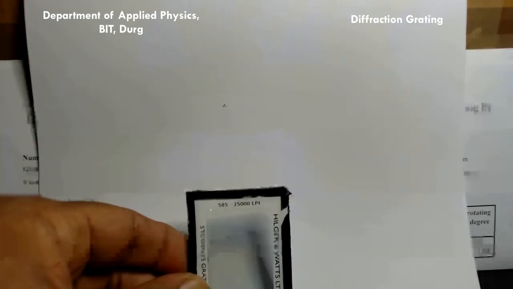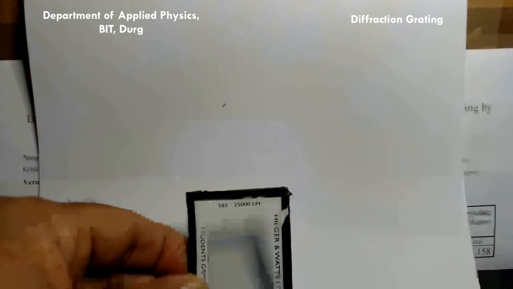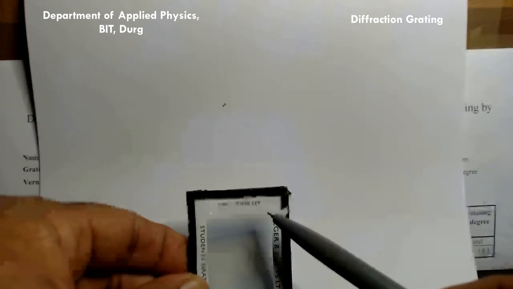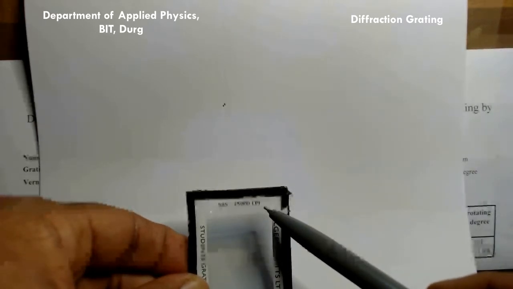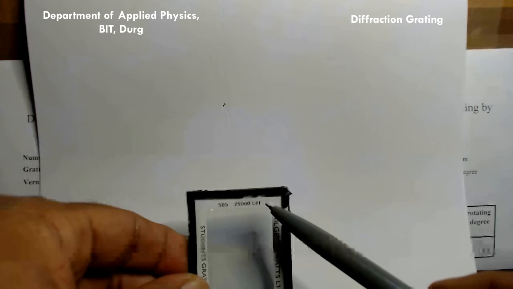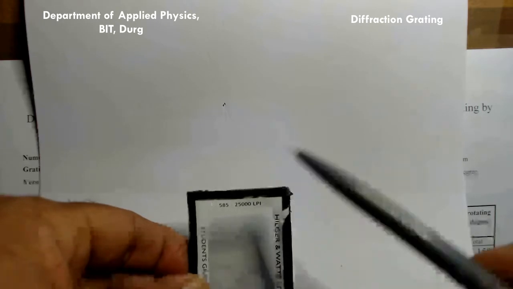The next thing which we have to observe is the characteristics of the grating, and the property which specifies the grating, which is very important, is written here. It is written 25,000 LPI, meaning 25,000 lines drawn per inch. So what is the meaning?